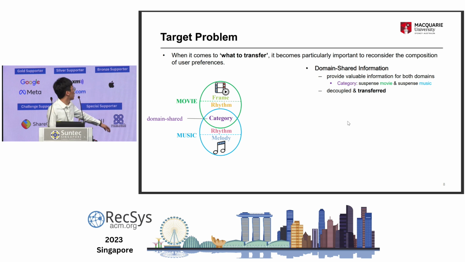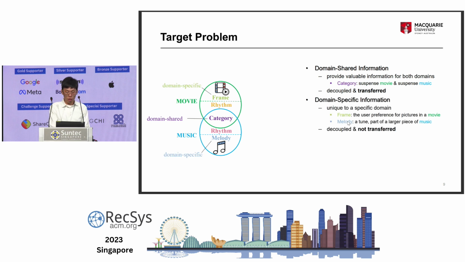Just taking the movie and music domains as examples, there exists domain-shared information such as category. For example, people who like watching suspense movies tend to also like listening to suspense music, and vice versa. So this kind of information should be decoupled and then transferred to other domains to provide valuable information for cross-domain recommendation.